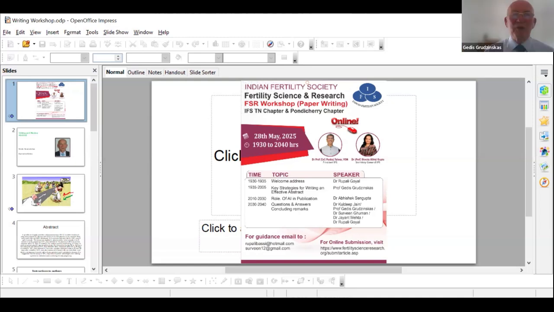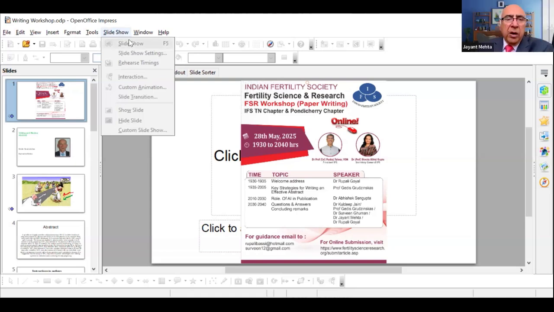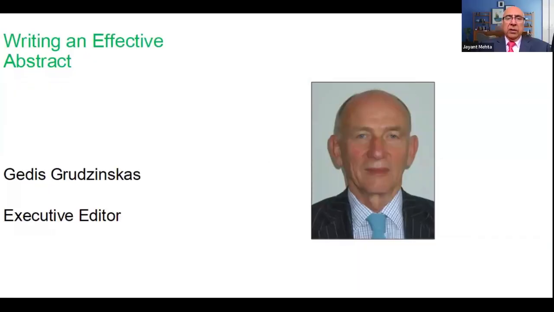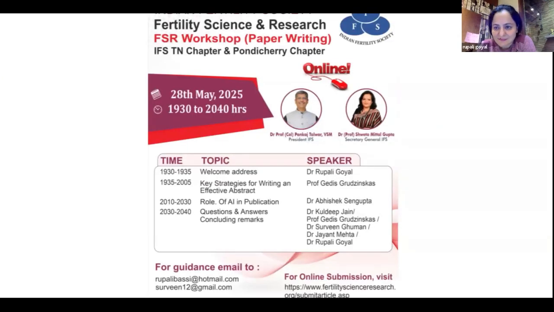Click on the first option, slideshow. Nothing is happening. It was all working a moment ago. Okay, now click on F5. I have an F5 there, and nothing is happening. So I'm very, very sorry, ladies and gentlemen. Let me just try. Oh, what happened? I turned the off switch. It's worked. Thank you, colleagues.